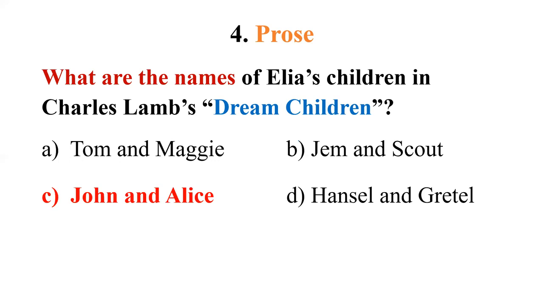So it was written by George Eliot in Mill on the Floss. So in Mill on the Floss, we have these famous characters, Tom and Maggie Tulliver. Then you can also identify B, Jem and Scout from American literature, created by Harper Lee. Very famous author, Harper Lee, To Kill a Mockingbird. It's a classic. In this book, we have these two characters, Jem and Scout. Then we have Hansel and Gretel from fairy tale collected by the brothers Grimm.